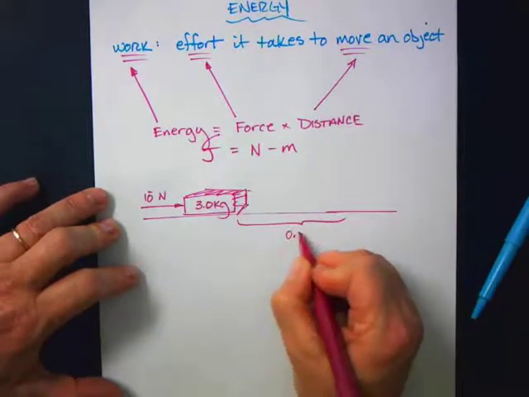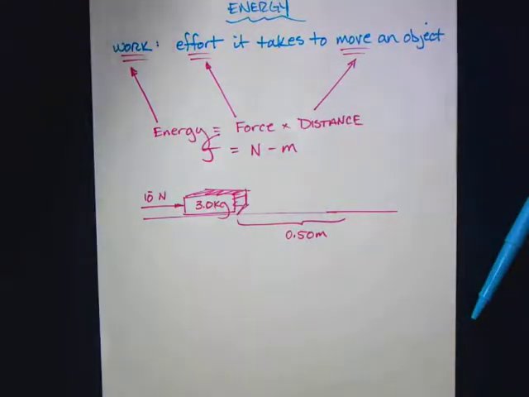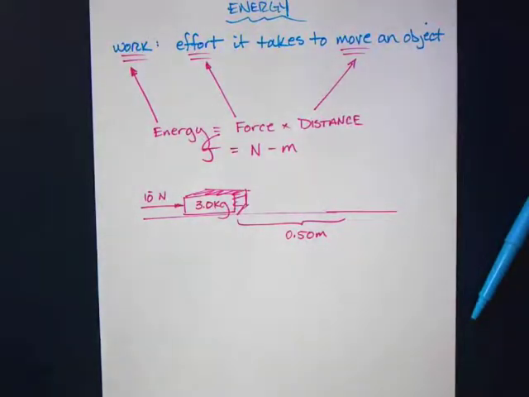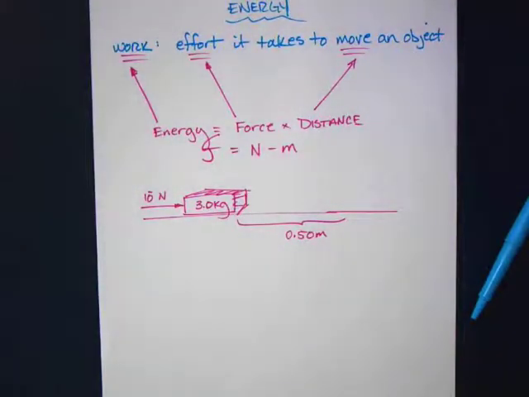And we do that, and it covers a half a meter on this table. Now, I can push it with 10 newtons of force, just nice and parallel. I could push it like this on an angle, right? Wow, I made a scratch on the desk. I could push it like this, like up on an angle.